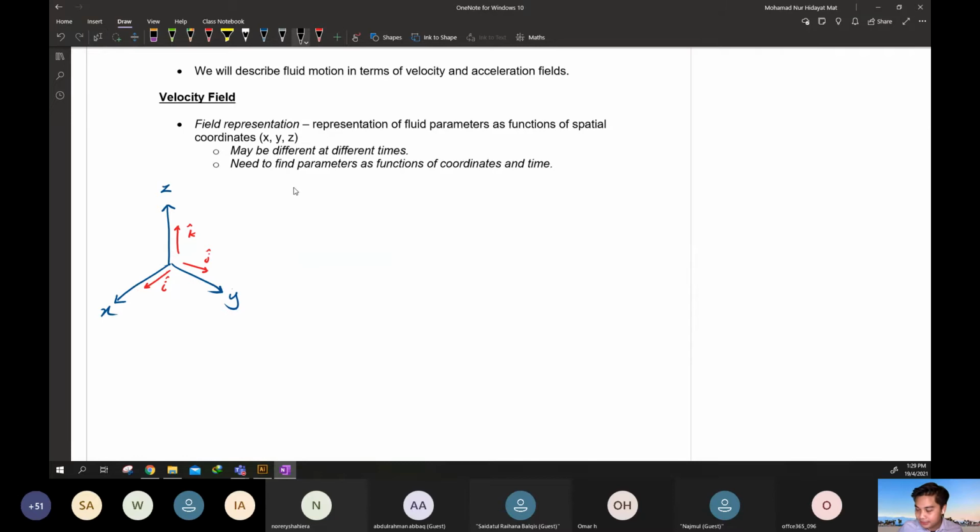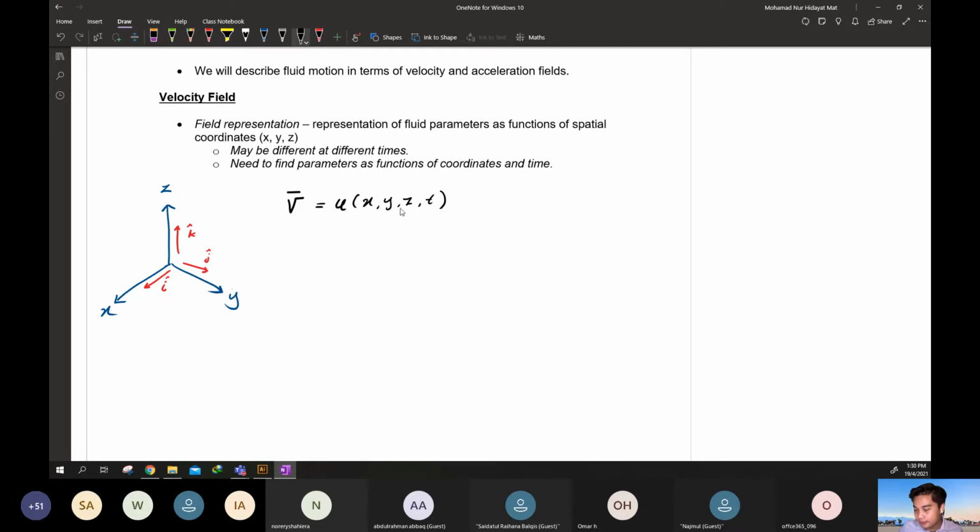Now we establish in terms of v. Okay, this is in terms of velocity. Velocity, remember, is a vector quantity that has the magnitude and the direction. So we have the u in terms of x, y, and z direction, as well as in terms of time. Remember that this is the Eulerian description. We have the space and time.